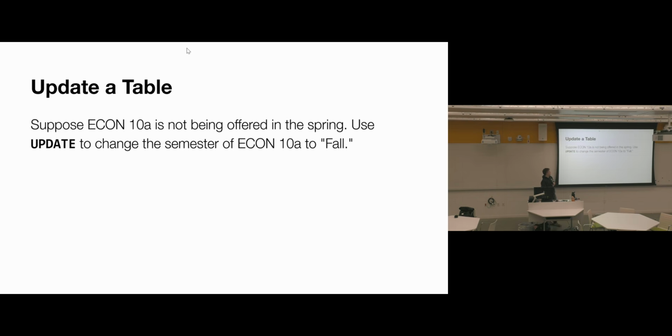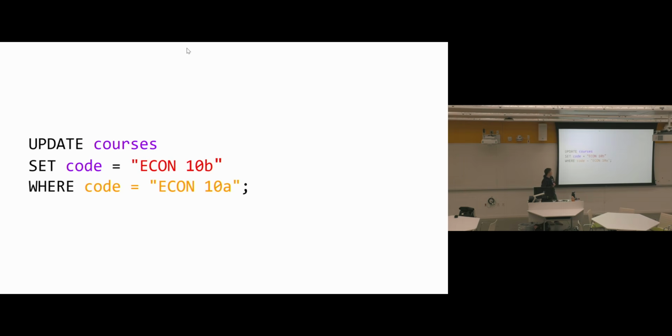So for example, we could update our course Econ 10A to change its course offering from the spring to the fall semester. And so we could update our courses table, and we're going to set the code. We're going to find where the code is equal to Econ 10A, and set the code to be equal to Econ 10B, as an example.